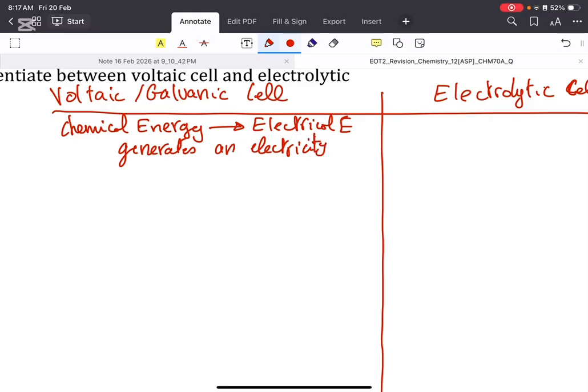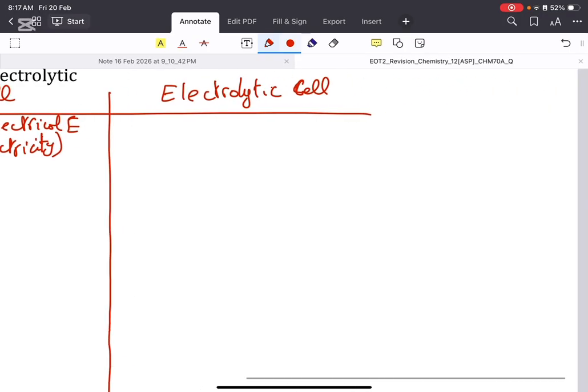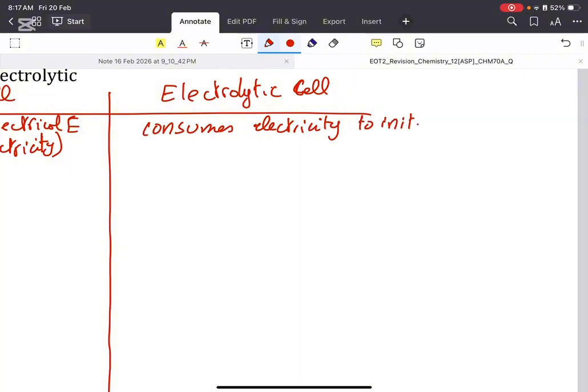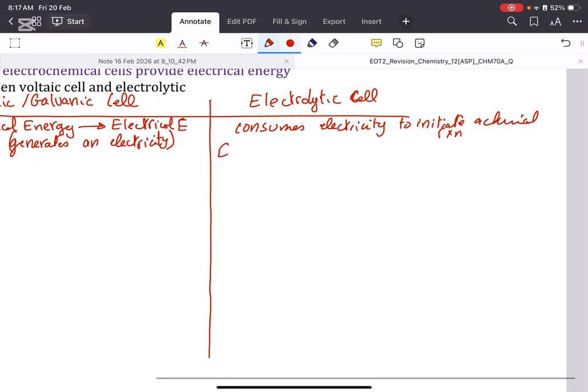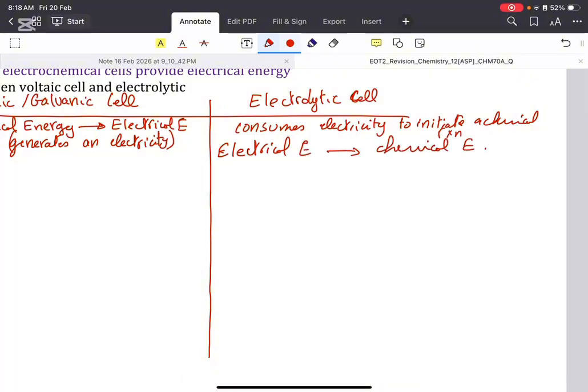electricity. Whereas in the electrolytic cell, we need a battery for the chemical reaction to occur. It consumes electricity to initiate a chemical reaction. So here there's a change from electrical energy into chemical energy.